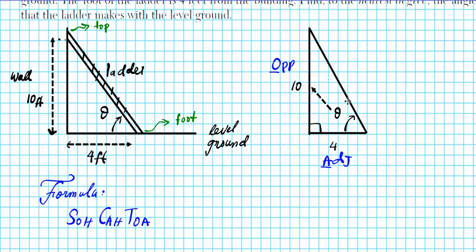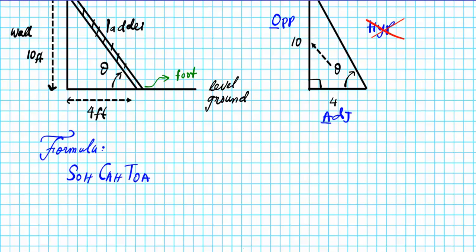The longest side, namely the side opposite the 90 degrees, is the hypotenuse. In this problem, we don't know it. We don't need it, so we scrap it, okay? So we're looking at O and A. Now, which trig ratio, sine, cosine, or tangent has O and A? It's tan, right? So we're going to be using the tan component of SOHCAHTOA.